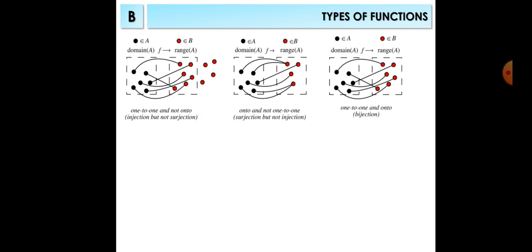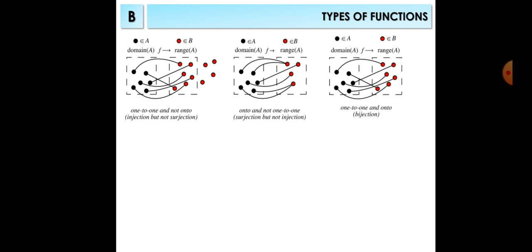This function is not 1-1, because you can see that there are two elements which are related to one element. As you all can see, these are two distinct elements and they are having the same image under f. So this is not possible in a 1-1 function. If it is a 1-1 function, then distinct elements will have distinct images. So this is not a 1-1 function.